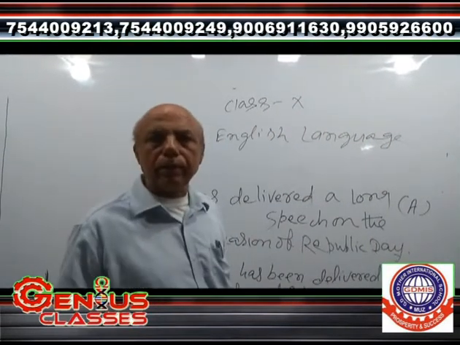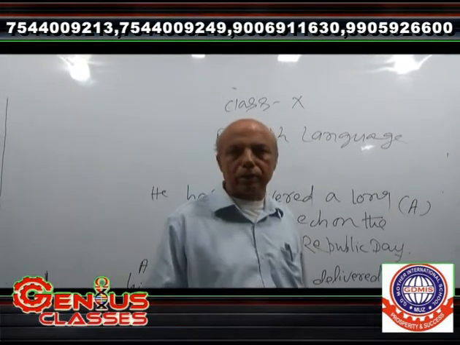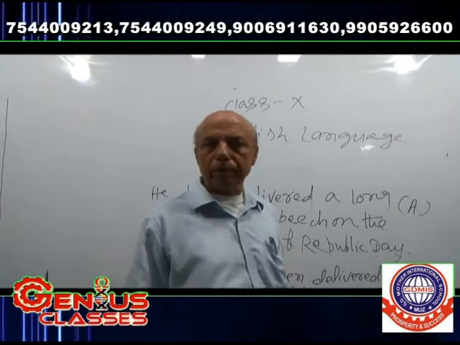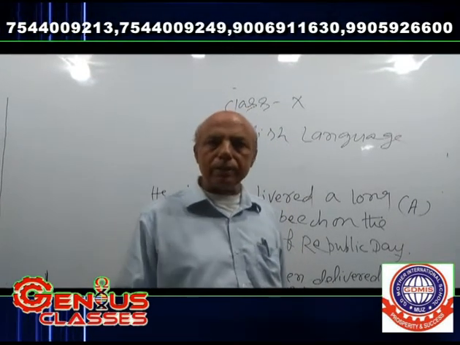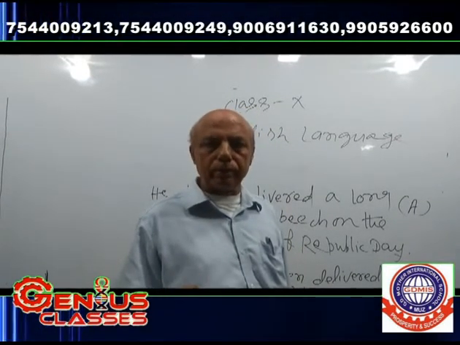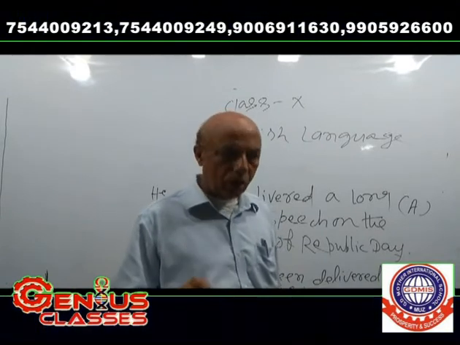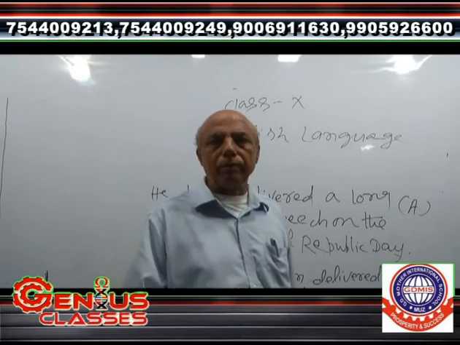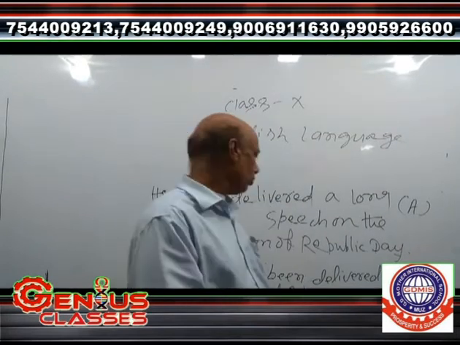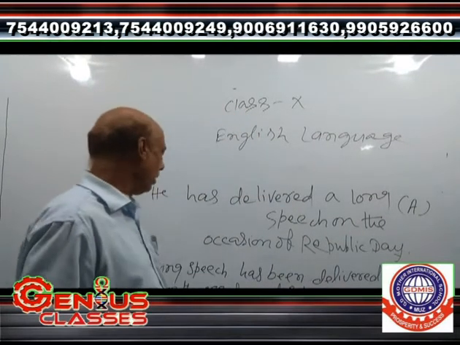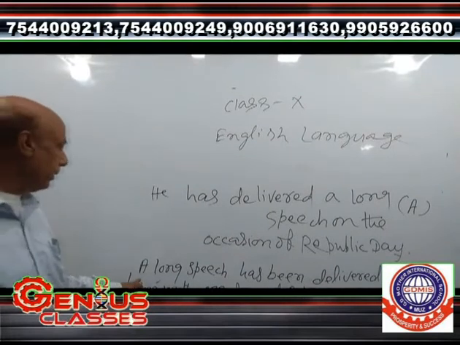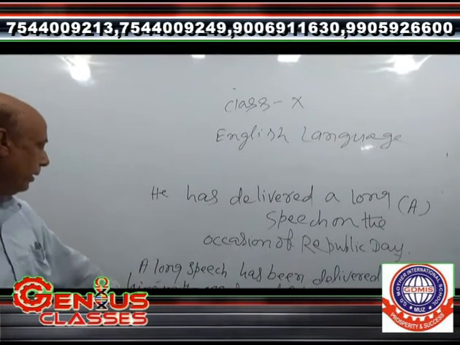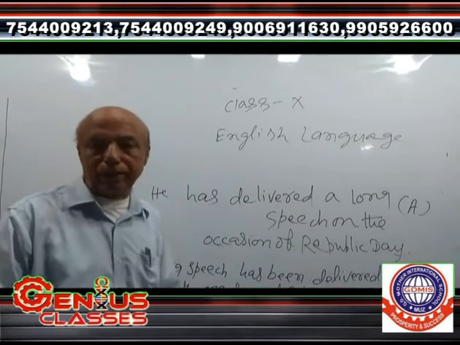The thing that I want to tell you, especially in this context, is that whenever active is changed into passive of present perfect, it must be in our mind and must be applied. That is called been, B-double-E-N. That is why here been has been applied. A long speech has been delivered by him on the occasion of Republic Day.